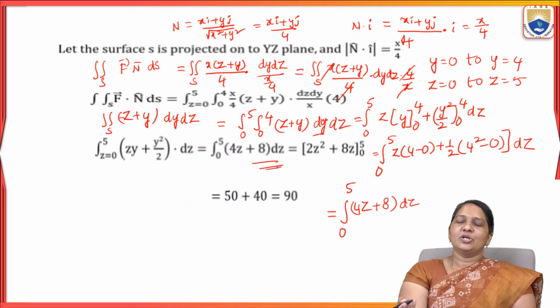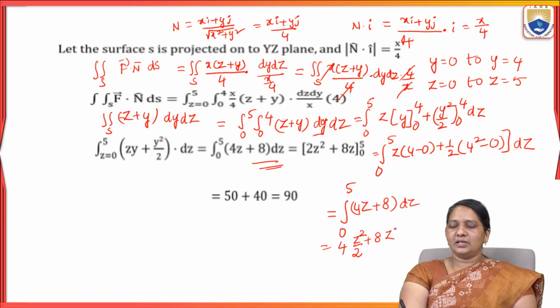So now I am doing with respect to z. 4 is the constant. Integral z is z square by 2, plus 8 dz is 8z, limits are 0 to 5.